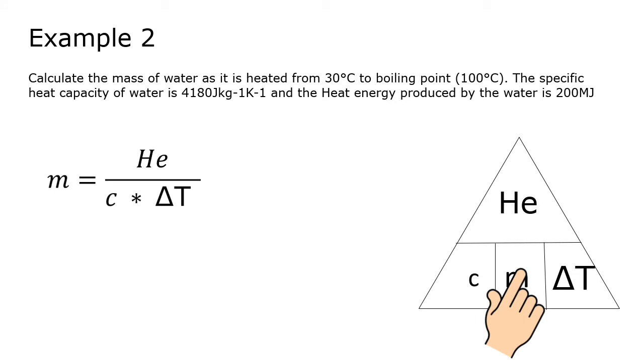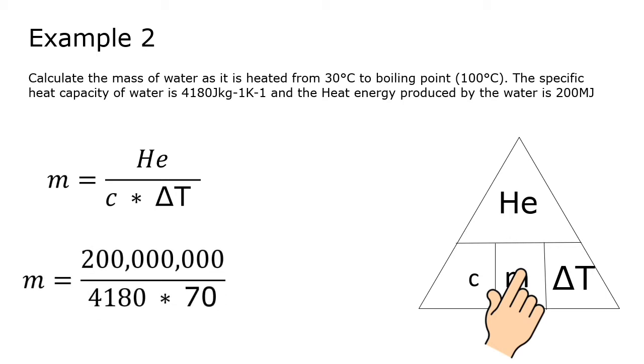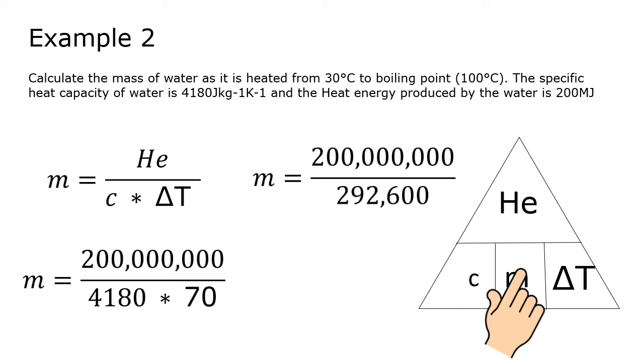So heat energy divided by C multiplied by change in temperature. So 200 megajoules divided by that. Work out the bottom value first, which you'll find is the same as before. So 200 megajoules divided by 292,600, and you'll find it's quite a big number. This should have maybe made the energy slightly less, but it's 683 kilograms. You'll find that answer becomes okay.